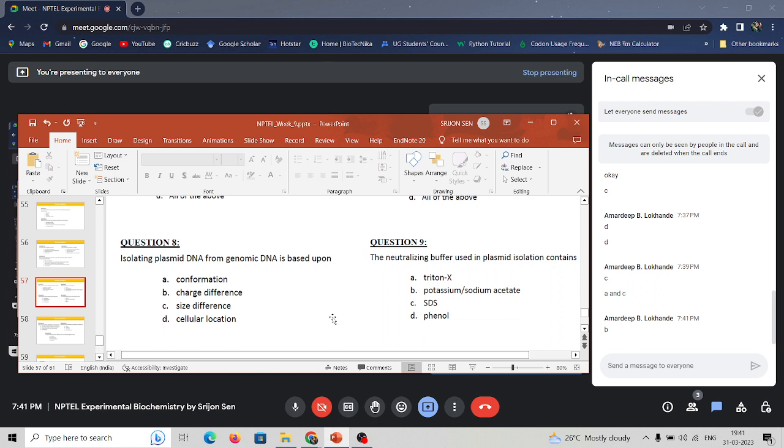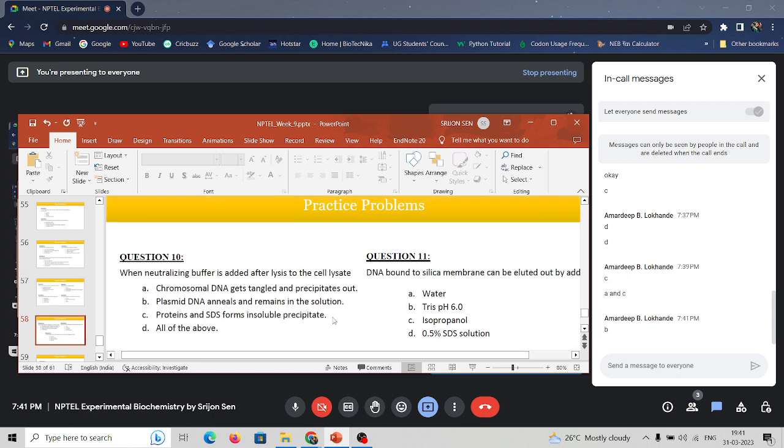Yes, correct. Why? Because the other three will actually break apart your DNA. That will hamper your DNA, and it cannot be used for isolation.